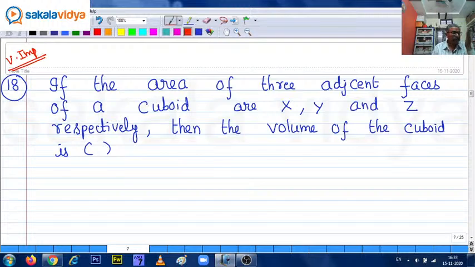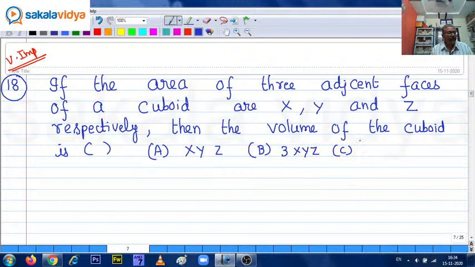Okay, right. First option, let us write XYZ. Option B, 3 times XYZ. Option C, root over XYZ.